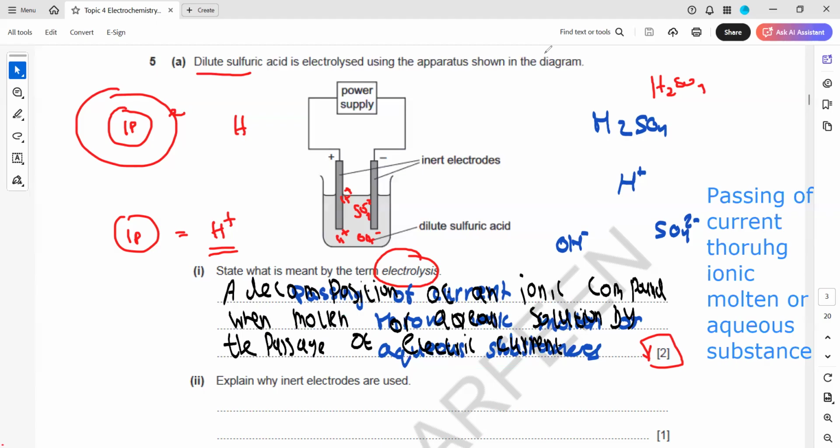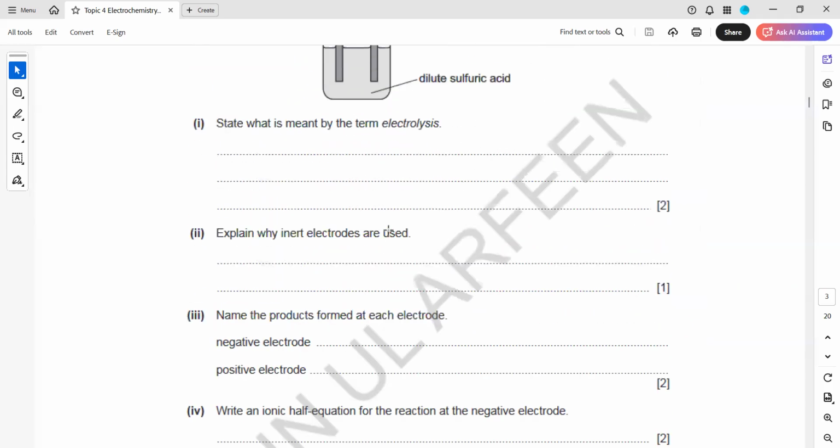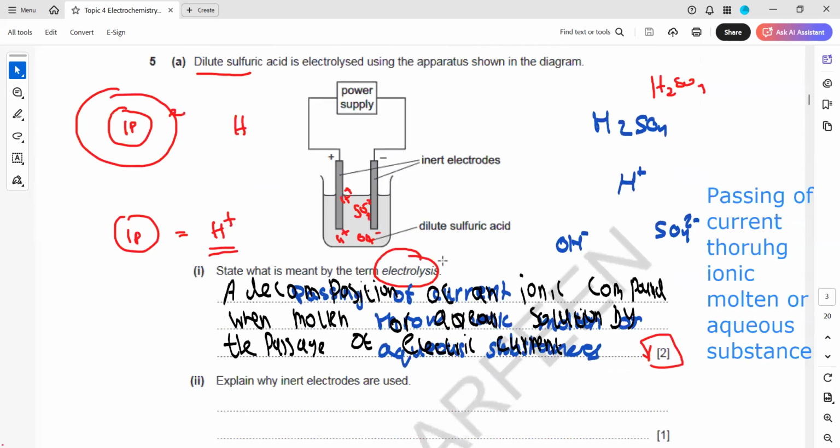The standard answer for electrolysis: 1 mark is for mentioning breaking down or passage of electricity, and the second mark for ionic compound in molten or aqueous state. So it's the breakdown of an ionic compound in molten or aqueous state by passing current through it, or decomposition of an ionic compound when molten or aqueous when we pass current through it. That's the standard. You have to learn or memorize this definition.